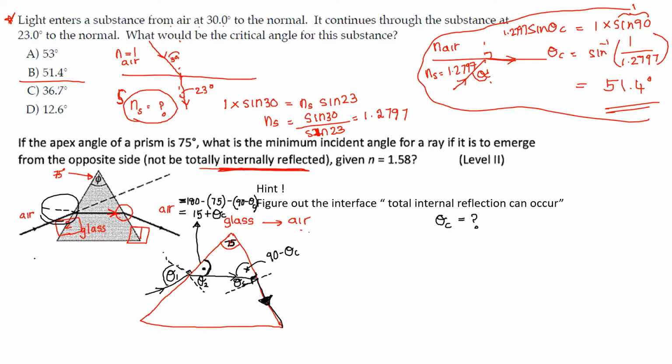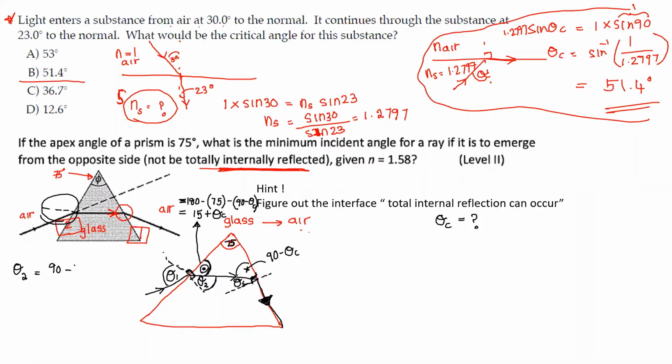So what can you tell about theta 2? What is the relationship between theta 2 and this angle? Theta 2 is 90 minus this angle, right? This is 90 degrees, this is the surface normal. So 90 minus this angle right here will give you the value of theta 2.